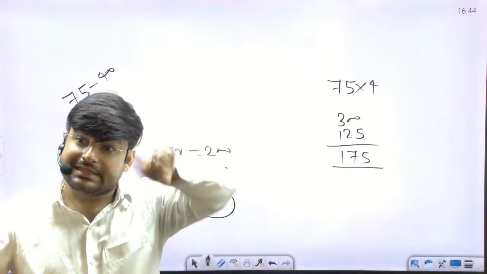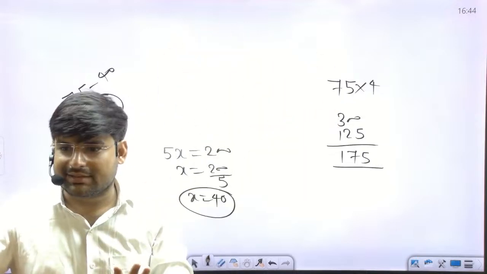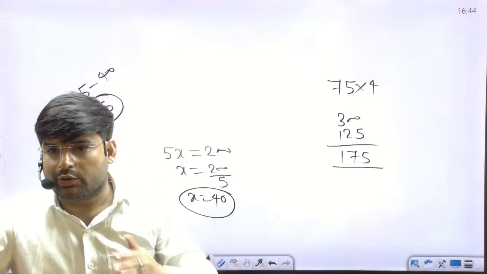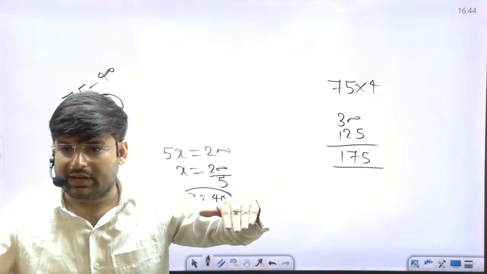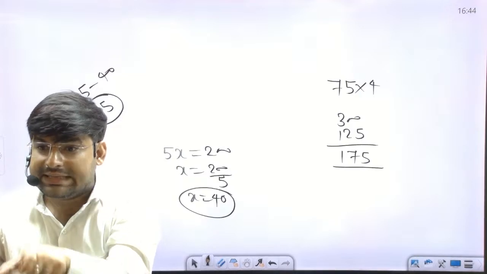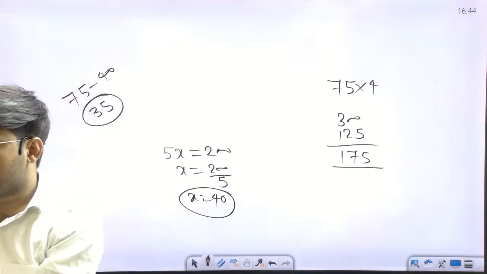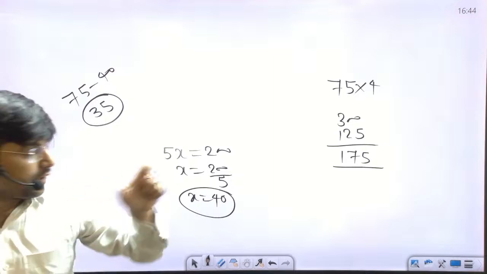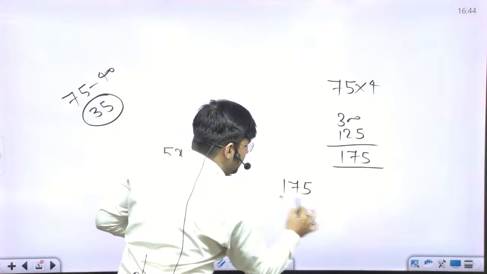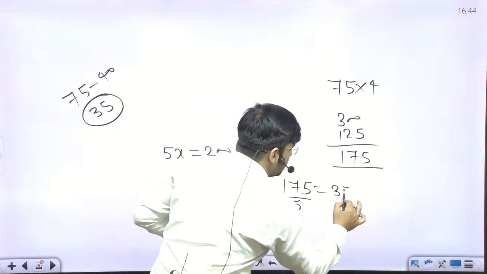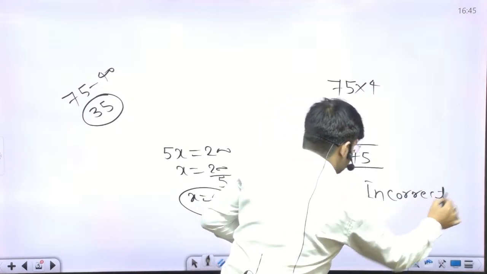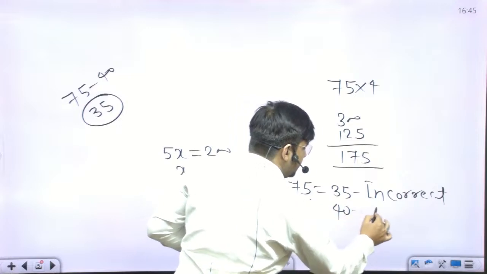If he did it correct, he gets 4 marks, and if he attempted wrong, so 4 minus 4, and 1 more minus because of the incorrection. So there are 5 numbers lost per incorrect question. So 175 upon 5 equals 35 incorrect. So 75 minus 35, 40 correct.